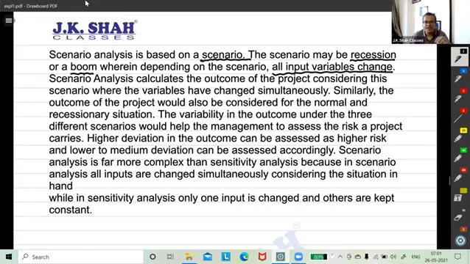Okay, 20% chance of best output, 10% chance of worst output, and 70% chance of earning normal. Okay. See, after doing all this analysis, then you start your business. Okay.